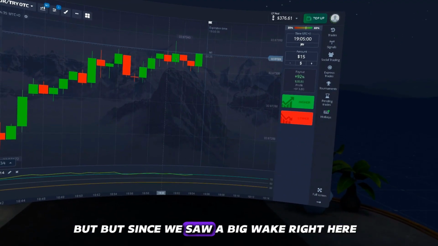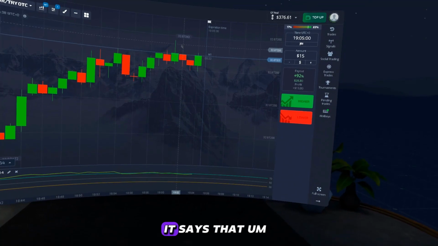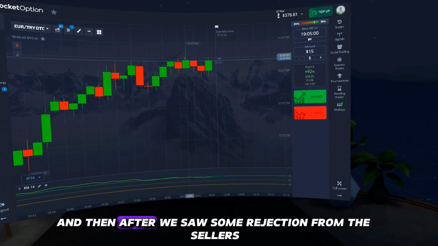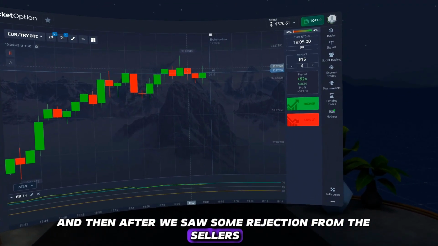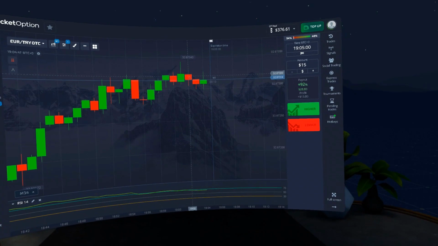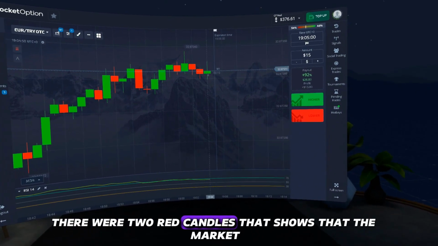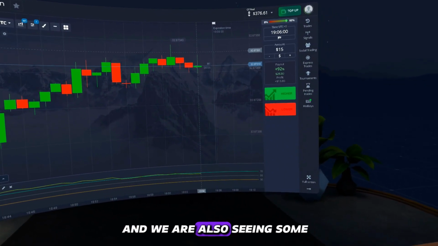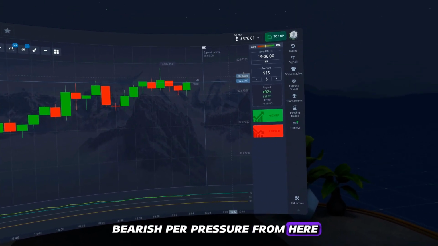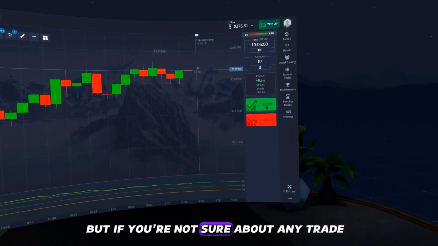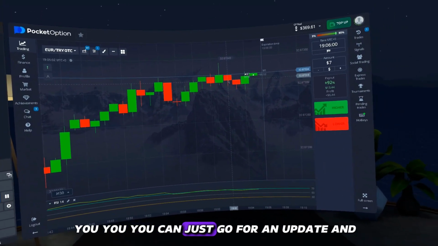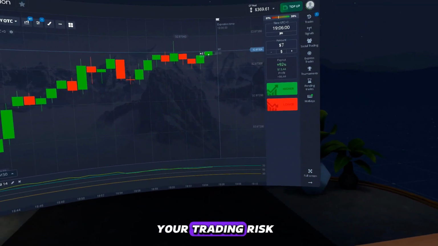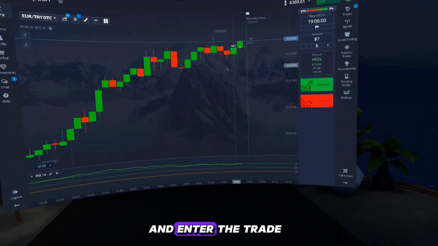But since we saw a big wick right here, it says that we saw some rejections from the sellers, and then after we saw some rejections from the sellers, there were two red candles that show that the market sentiment is bearish, and we are also seeing some bearish pressure from here. But if you're not sure about any trade, you can just go for an up direction, and you can just lower your trading risk and enter the trade.